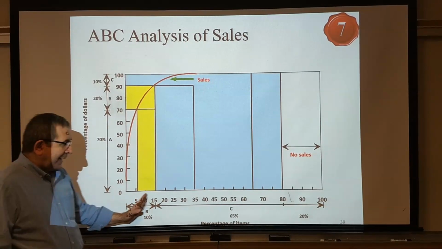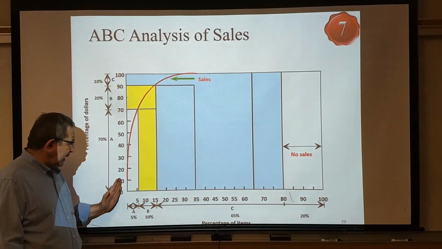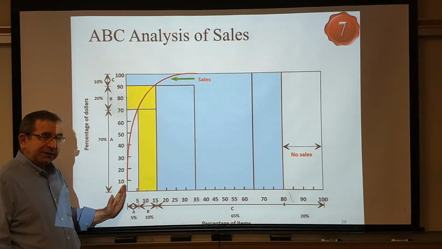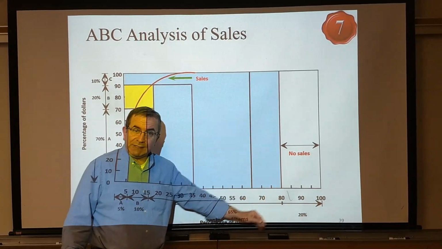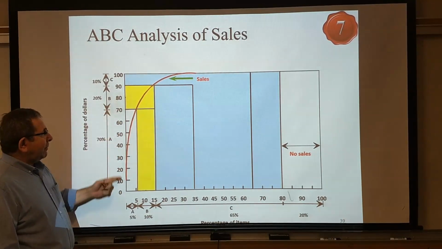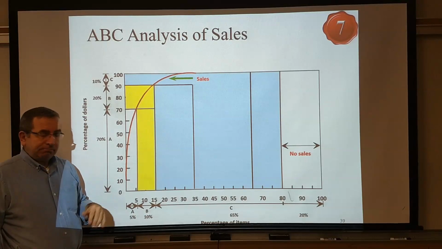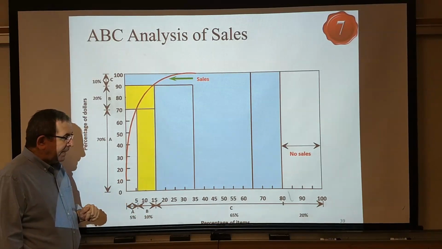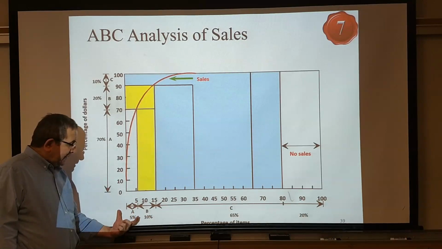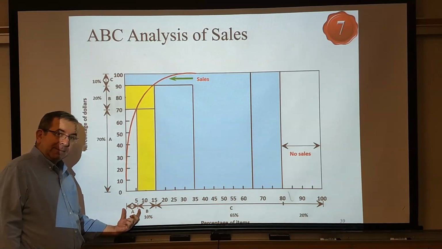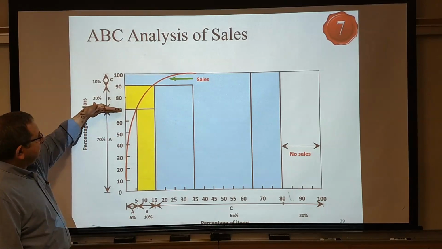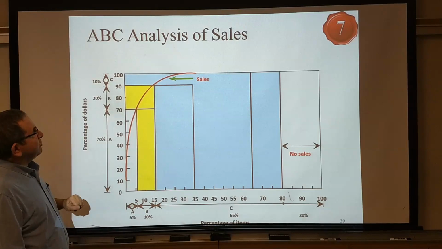These are the SKUs. We're starting with the best-selling SKUs, ranking the SKUs from the fastest selling to the slowest selling SKUs. And this is how much revenue these items generate. Starting with the best-selling items, the best-selling 5% in this case generates 70% of the revenue.